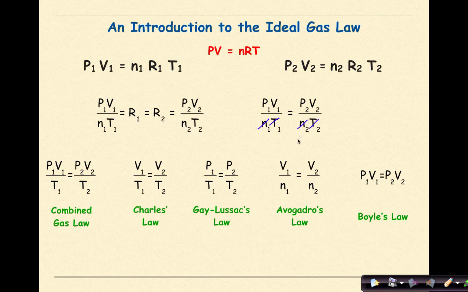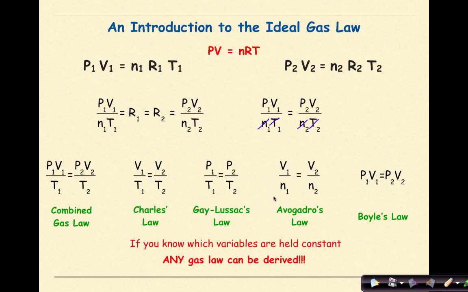So the big idea here is that if you know PV equals nRT, which is on your reference table, and you set the two gas equations equal to each other in two situations, such as an initial and final, and you hold different variables constant, you can pretty much derive any one of these gas laws as needed. So if you know which variables are held constant, any gas law can be derived.